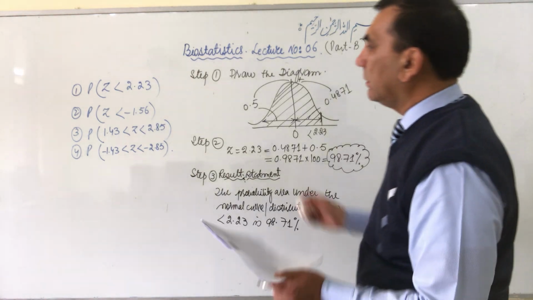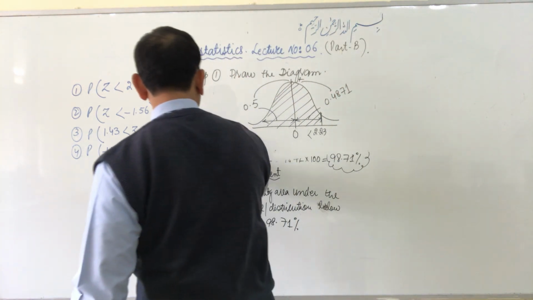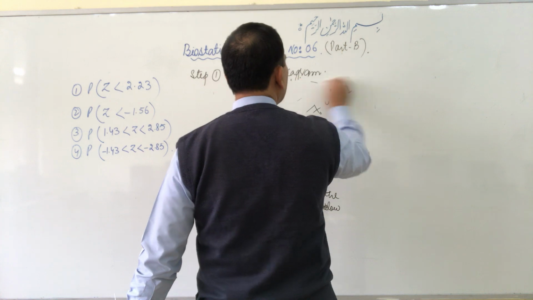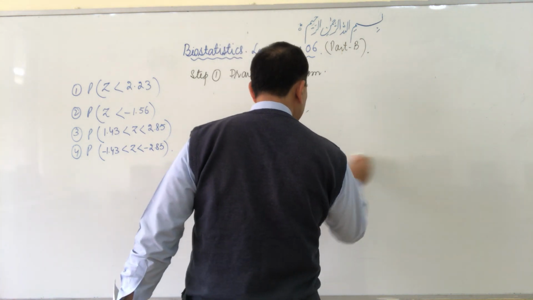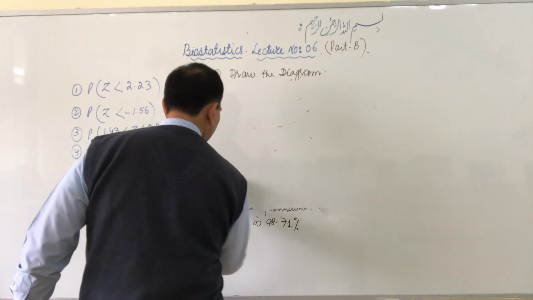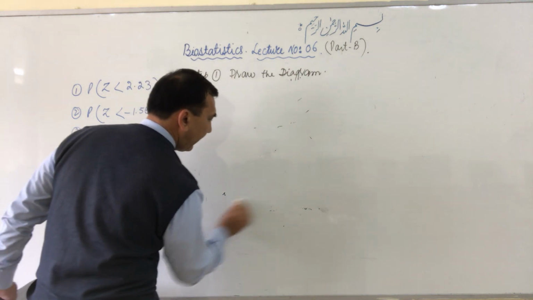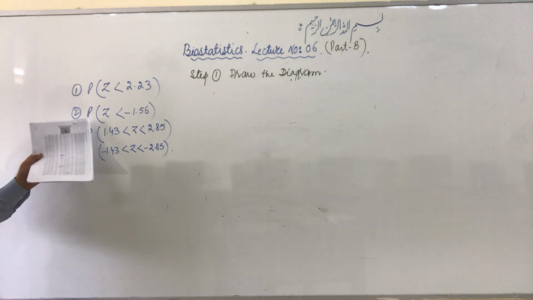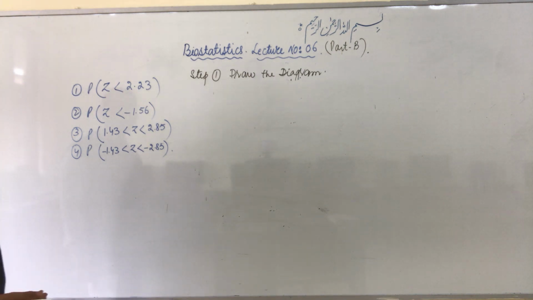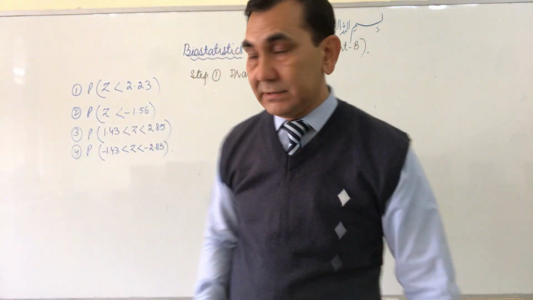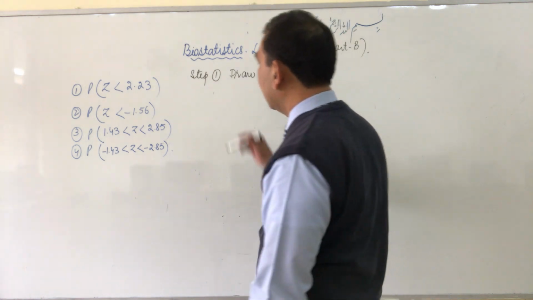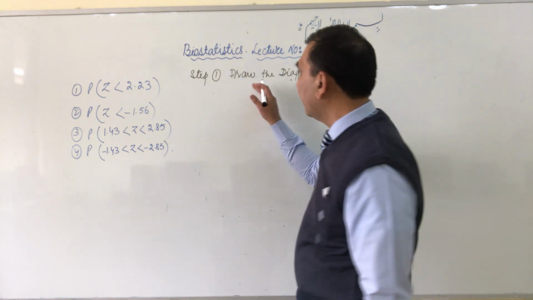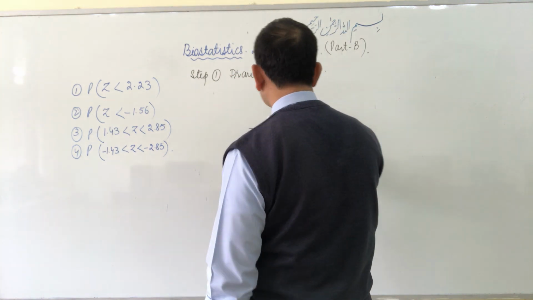Now we will solve the second question. It says: what is the probability area below minus 1.56? Again we solve it using the three steps. Step number one, we draw the diagram first.